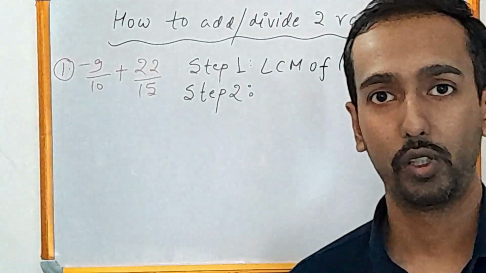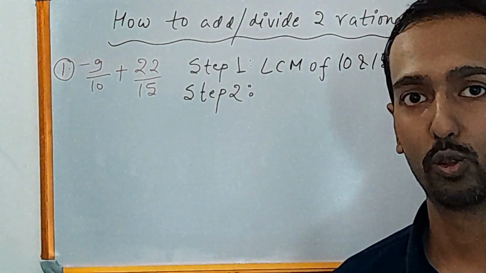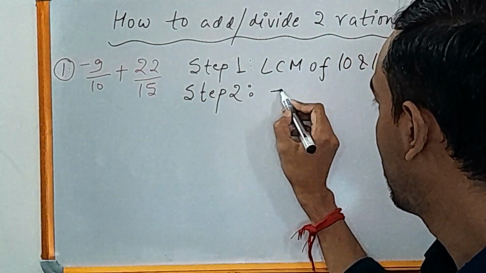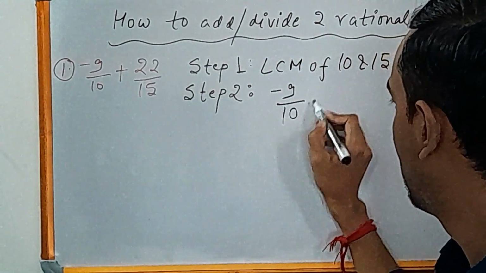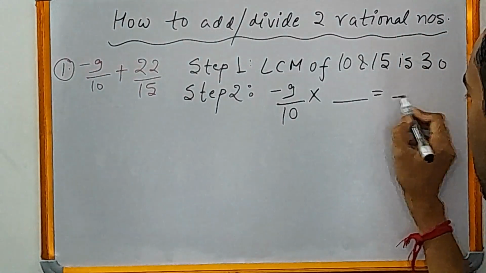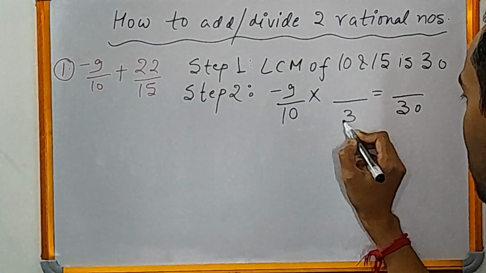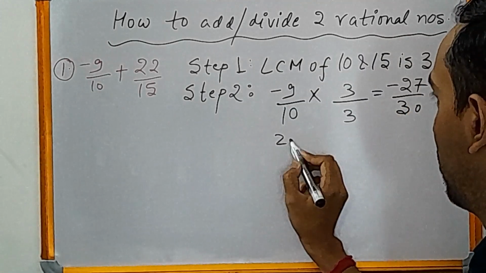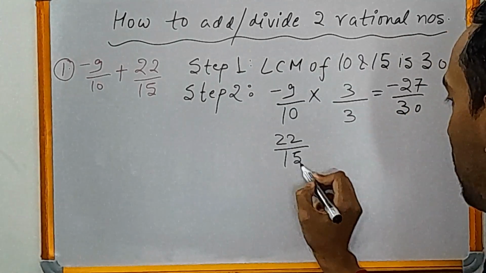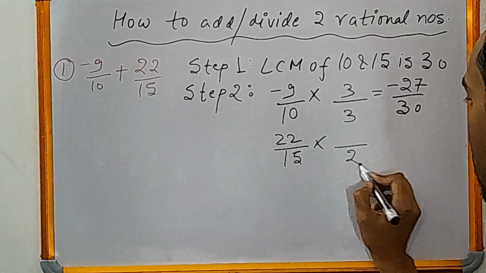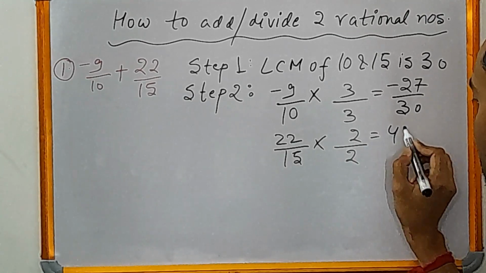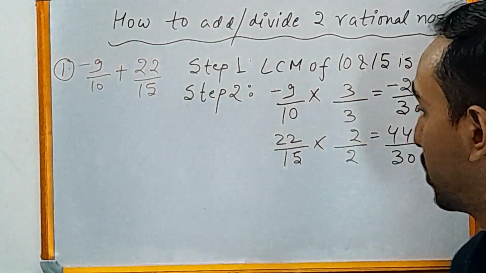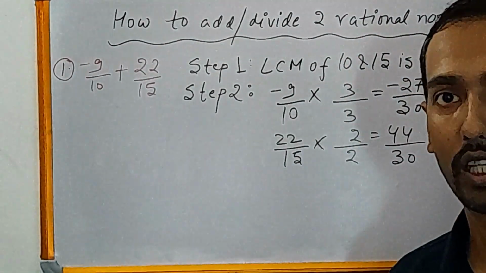So our second step will be to make the denominators equal. So again, from our previous discussion, we can do it now very easily. So here in our step, we have converted the denominators and made them equal.